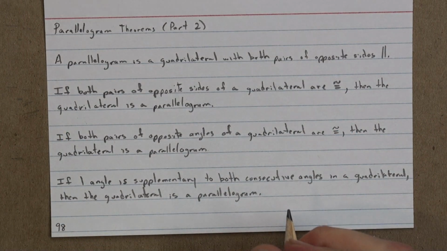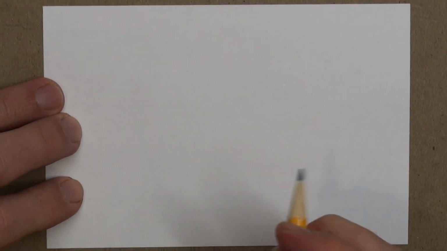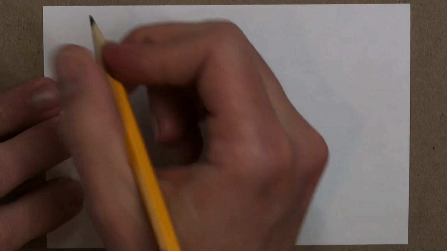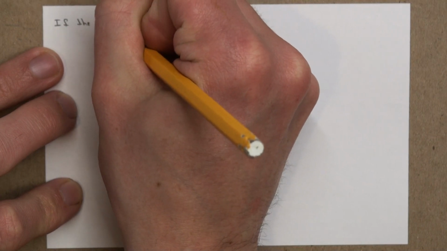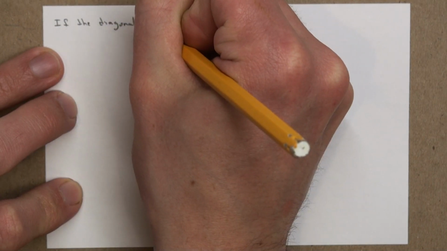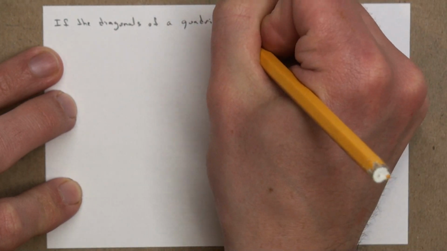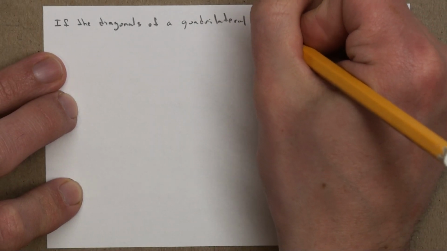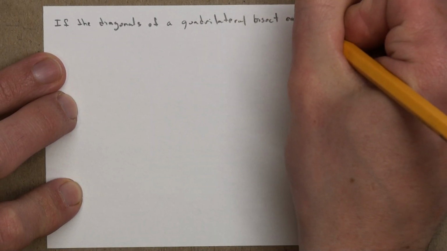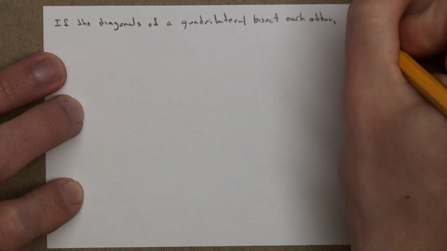And we're going to need two more theorems on the back. The first one is, if the diagonals of a quadrilateral bisect each other, then the quadrilateral is a parallelogram.